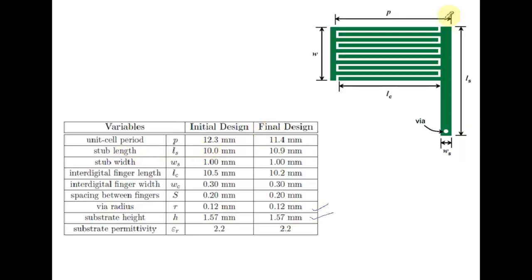Stub length, from this side to this side, is 10 mm, and after optimization, it is 10.9 mm. The stub width, this one, is 1 mm.